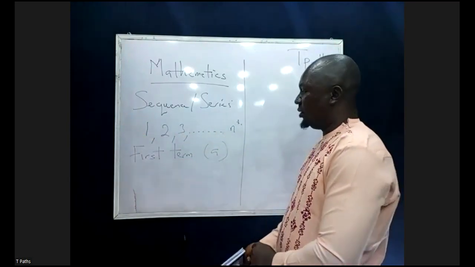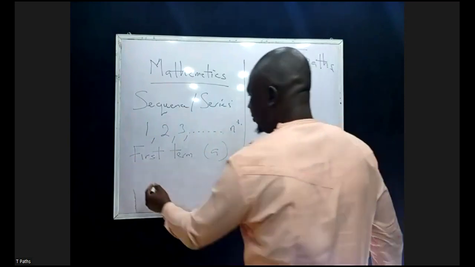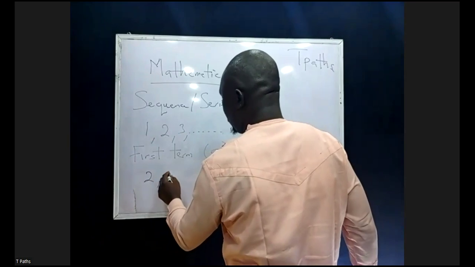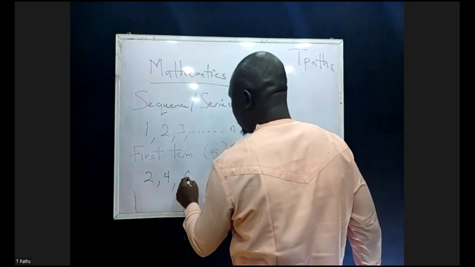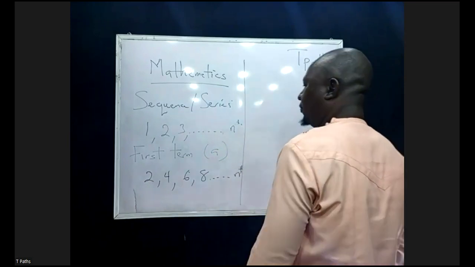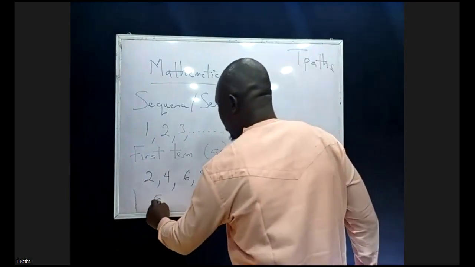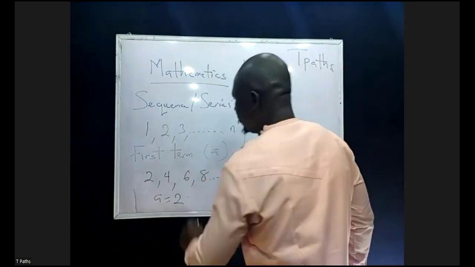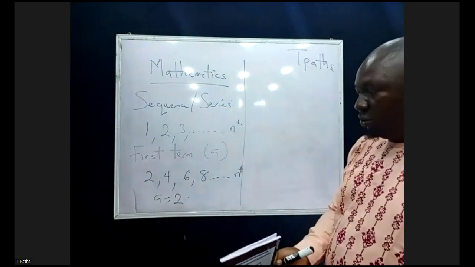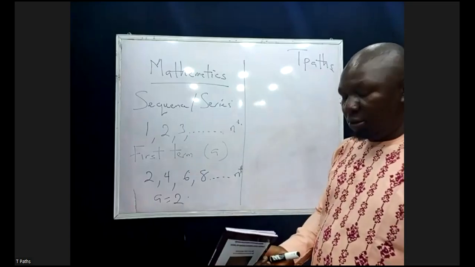If you have a series of 2, 4, 6, 8, and so on to the nth term, the first term is 2, a equals 2. So the first number in the sequence is the first term.